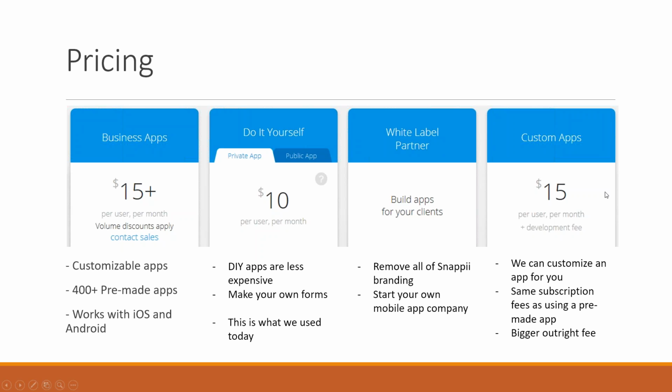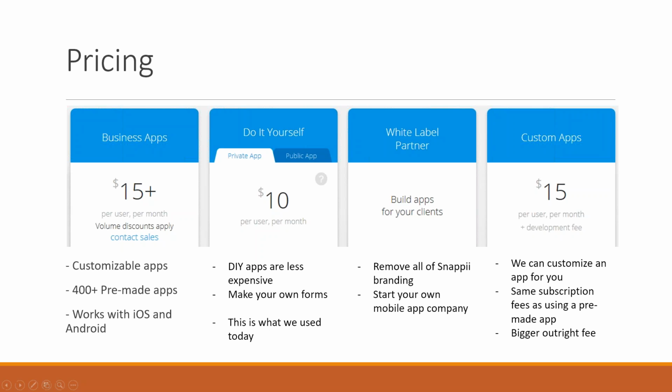The last one on the right over here is basically the same thing as business apps, but it's a fully custom app. So it's an app that was made from scratch with Snappy's platform that we then publish for you. So the price per month is the same. The only difference is, well, it's a pretty big difference. There's a development fee. So basically you have to pay for the time that the developers took to build the app.